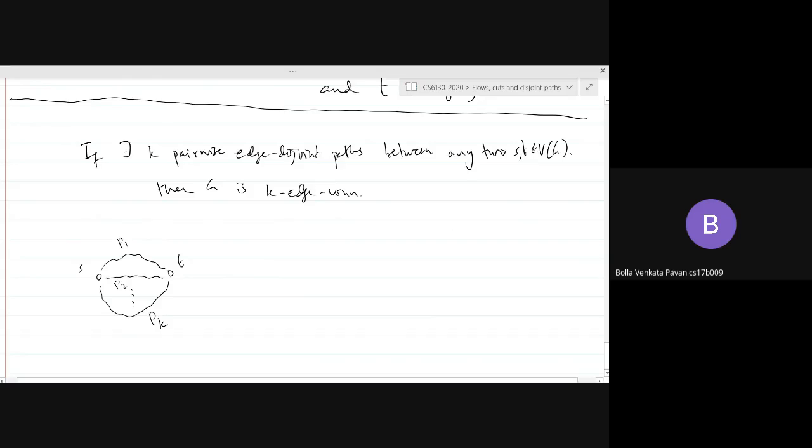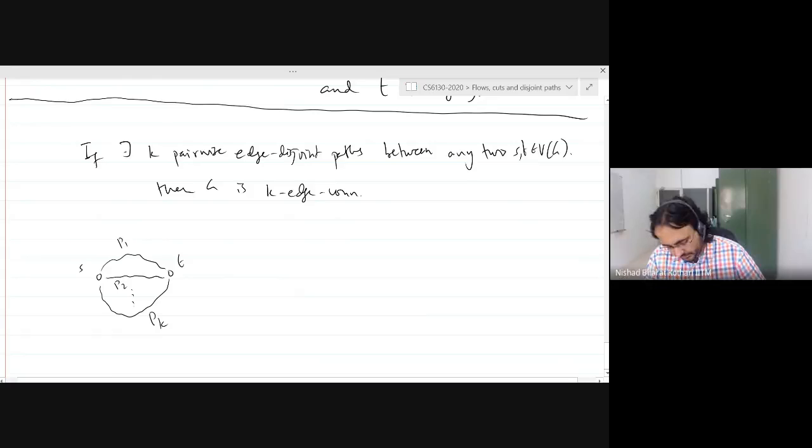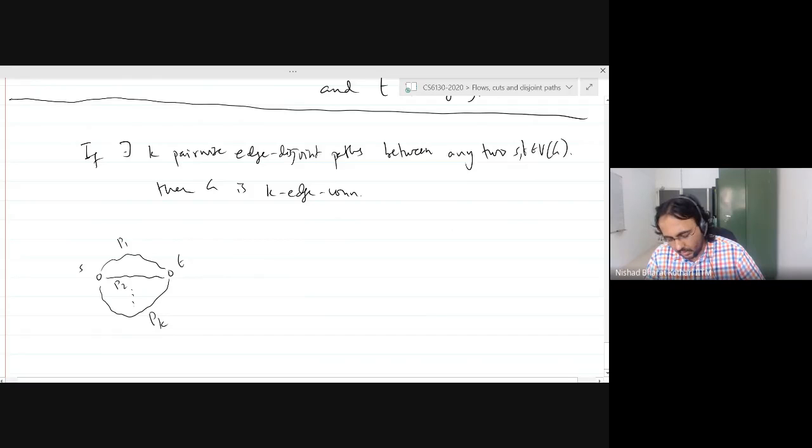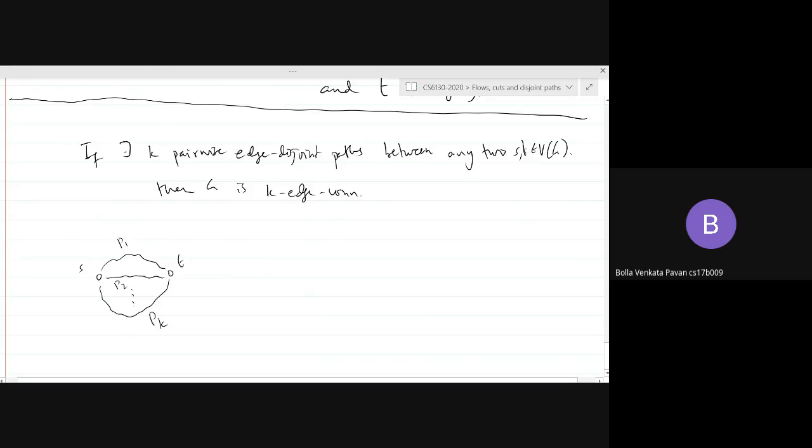So in the k labels, if I try to remove k minus 1 edges, then definitely there will be one label in which no edge is removed. So at least one path will be there joining S and T. And now how do you complete the proof? Even on removing at most k minus one edges, it is connected. So this is k-edge connected.